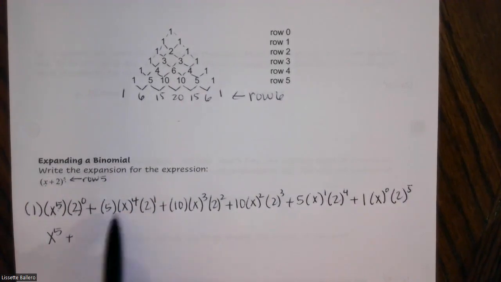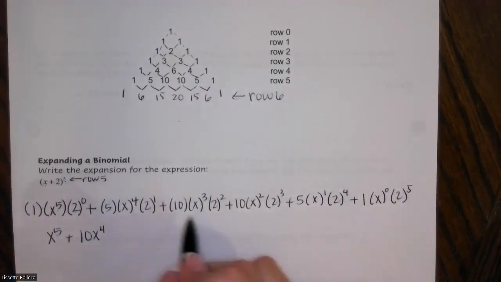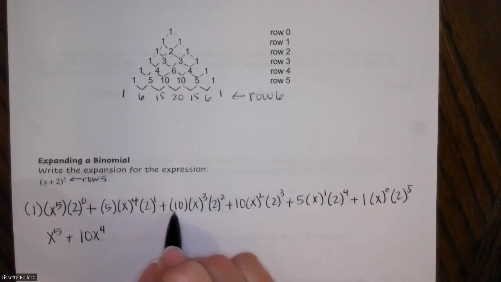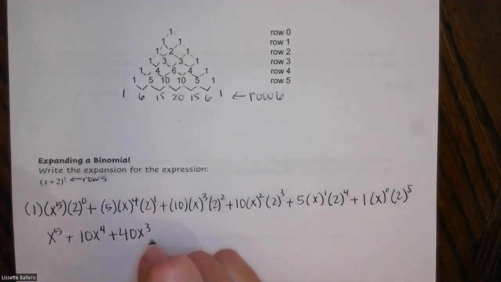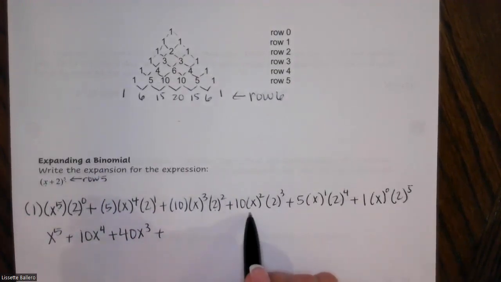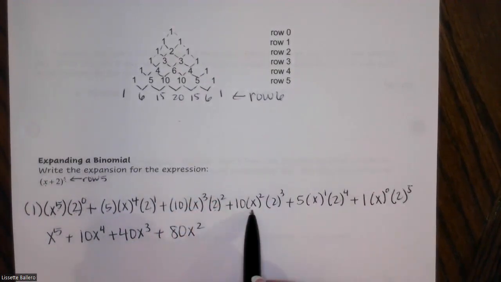On the second one, that would be 2 times 5, which is 10 times x to the 4th. This third one, 2 squared is 4 times 10 is 40 x cubed. When we work on this next one here, we got 2 to the 3rd power, which is 8 times 10, which is 80 x squared.